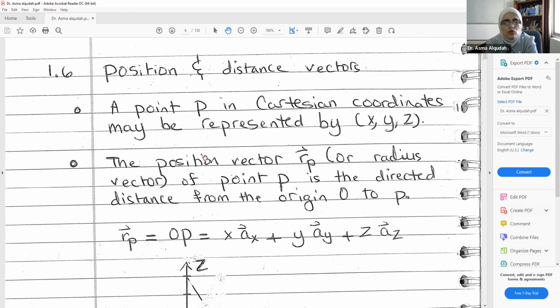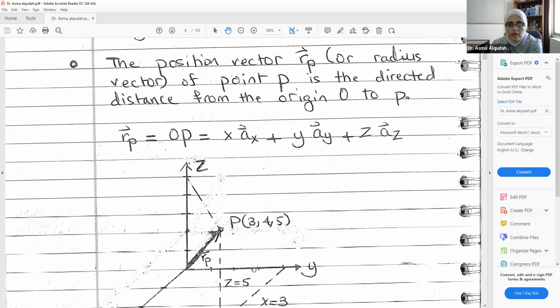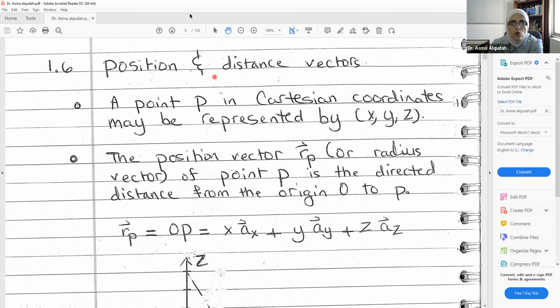Now let's move to section 1.6, which talks about position and distance vectors. We will define two kinds of vectors in this section. First, we start by defining a point in the space.